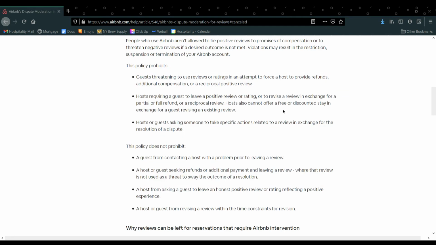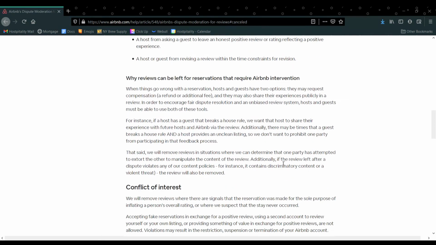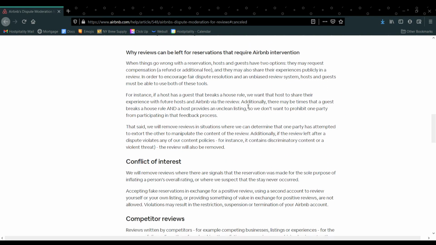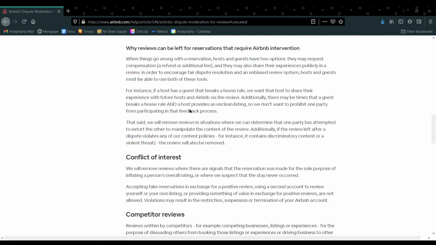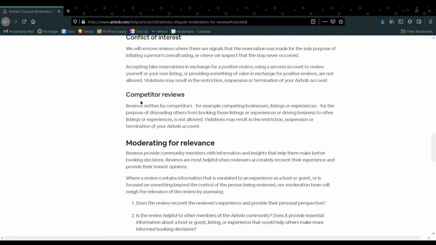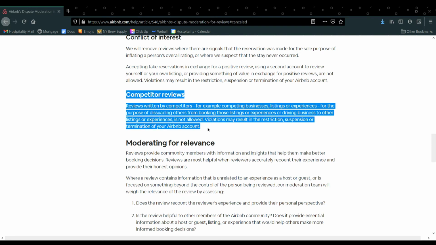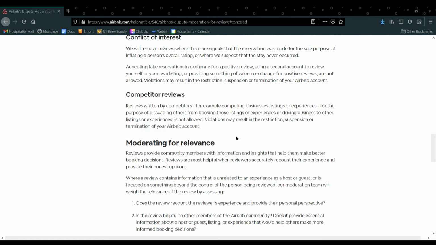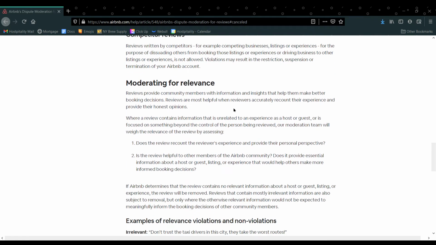This is what it prohibits and what it does not. There's also some extra jargon explaining their intentions and thought process in this scenario. They also added conflict of interest and competitor reviews, which were vaguely mentioned in the previous policies, but now get a dedicated view in this dispute moderation policy.